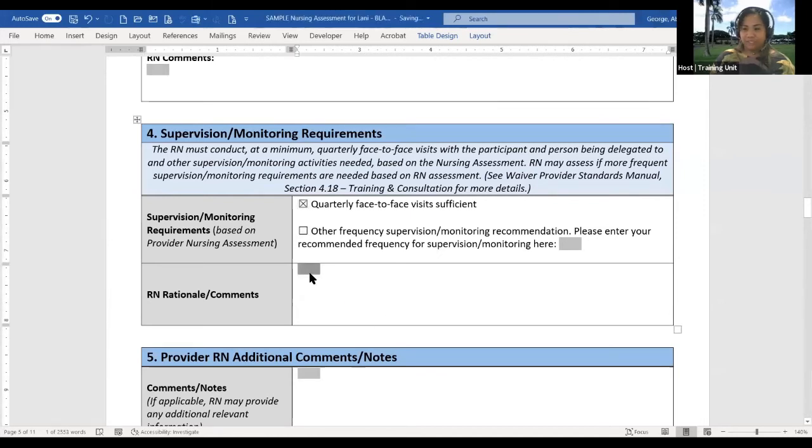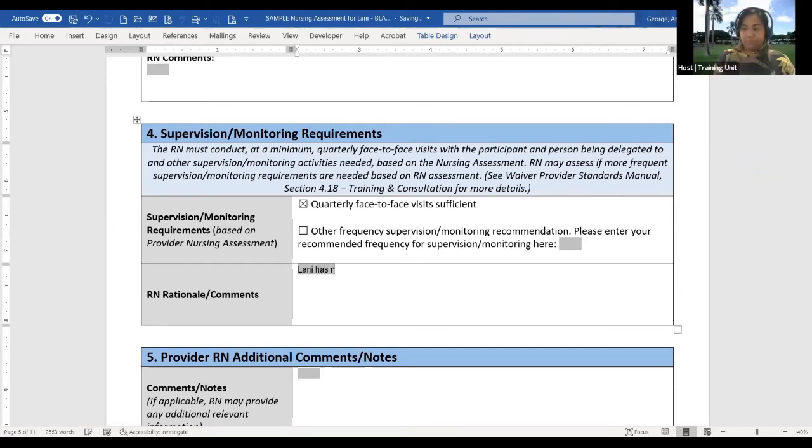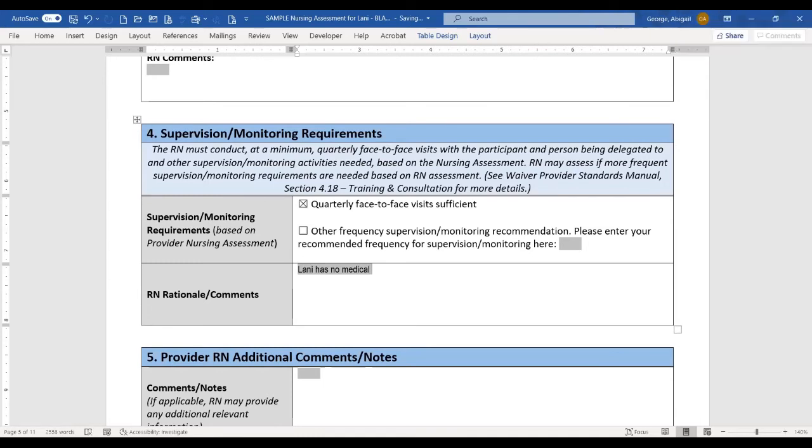And then some rationale in here. What type of rationale can we put? Can we put the same thing as we put on medical stability? Like no indicators of medical instability, no hospital. That's our rationale, right? Medical stability.